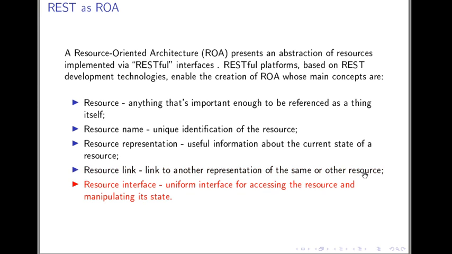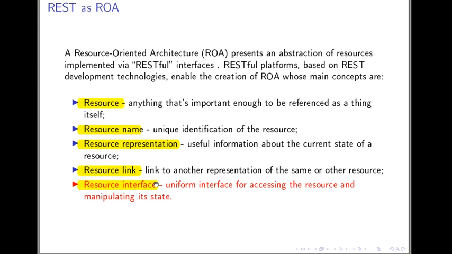So if we think of REST architecture in terms of resources, these five terms can describe it: resource, resource name, resource representation, resource link, and resource interface. If you remember these five things, you will be able to define REST.